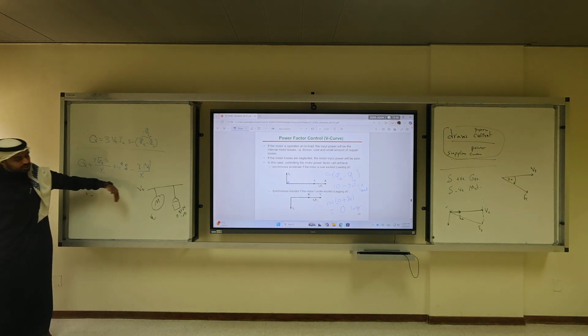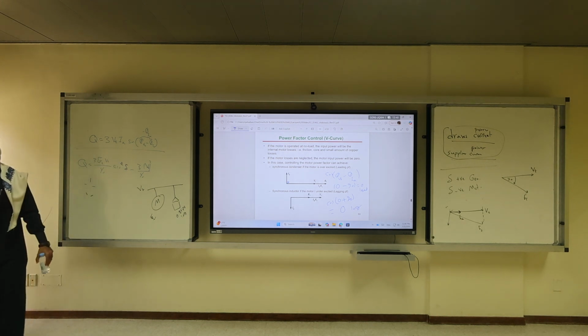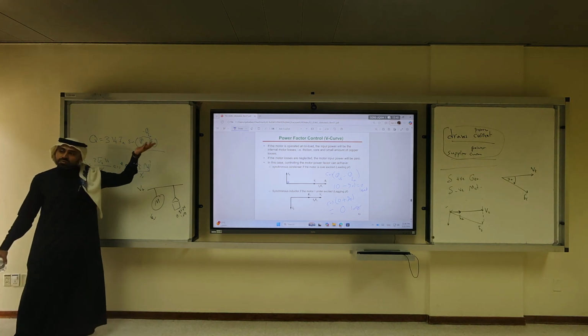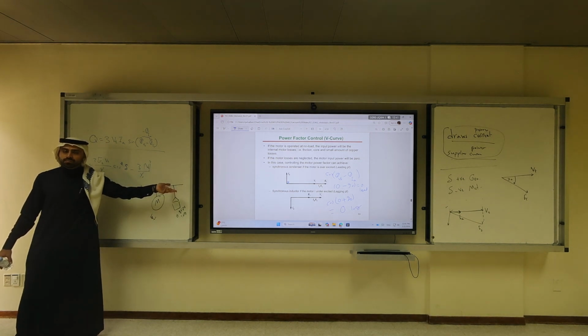Keep in mind, those condensers operate in parallel with other loads. Is there any benefit if I operate them alone? No. There has to be a reason why I'm running my synchronous condensers: to correct the power factor. So in the absence of a capacitor bank, what should I use? Synchronous condenser motors.